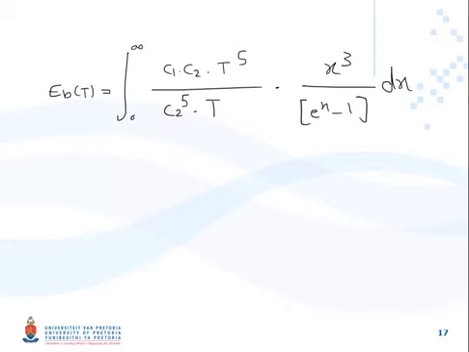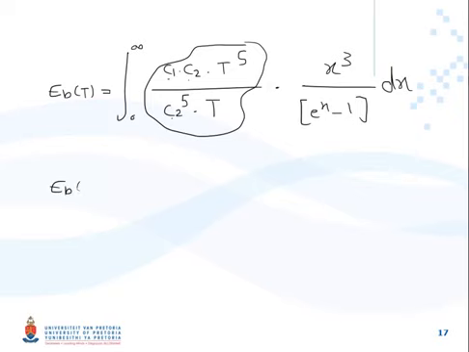Okay, so this one, just look at that. We said that C1 and C2 are both constant. So constant, constant, constant to the power of 5. Temperature, so it's constant. So again, the whole thing is constant. So it can come out of the integral.